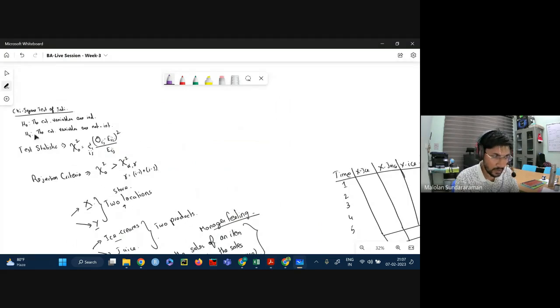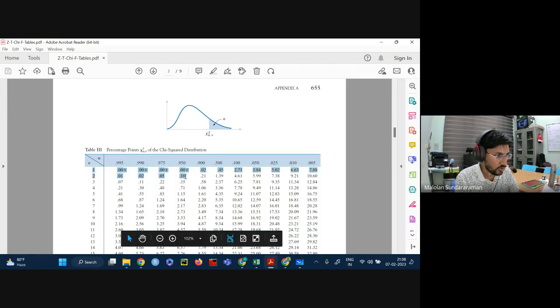In a chi-squared test of independence, the degrees of freedom is number of rows minus 1 into number of columns minus 1. In our problem, we have two stores, so 2 rows minus 1, into 2 products, so 2 columns minus 1, which is 1. So in this table, we will choose the first row.